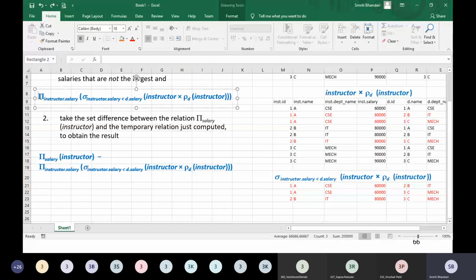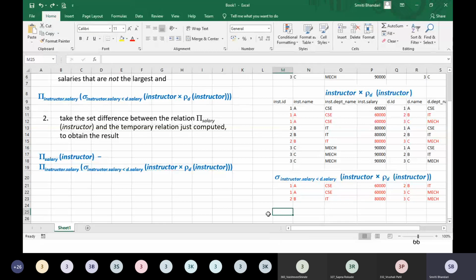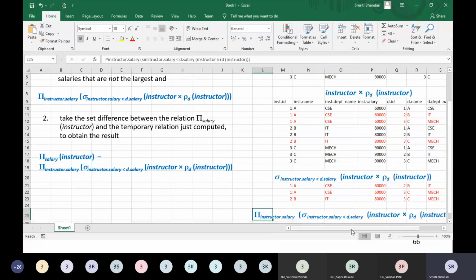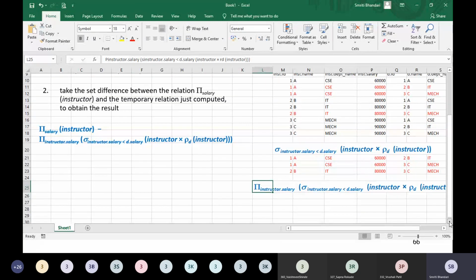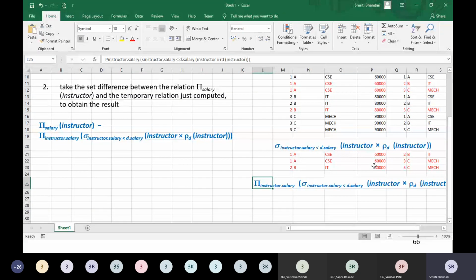Okay? And we are now having this statement, project statement. So out of this, we are extracting only this instructor salary column.